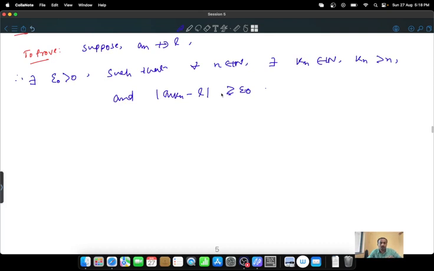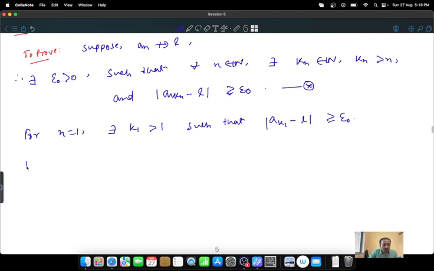Yeah, so now if you vary over all possible natural numbers, for n equals 1 there exists k_1 that is greater than 1 such that, I am applying this statement to 1, a_{k_1} minus l is greater than or equal to epsilon, right?